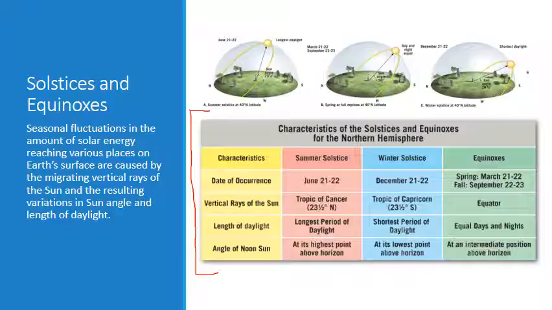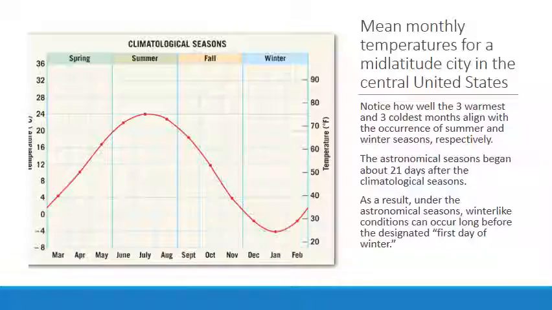Although the angle of the sun above the horizon and the length of daylight are the primary controls of temperature, other factors have to be considered too. So seasonal fluctuations in the amount of solar energy reaching various places on Earth's surface are caused by the migrating vertical rays of the sun and the resulting variations in sun angle and length of daylight.